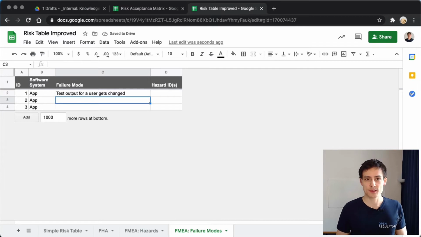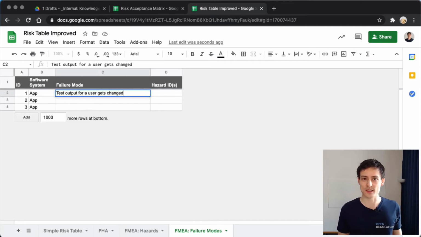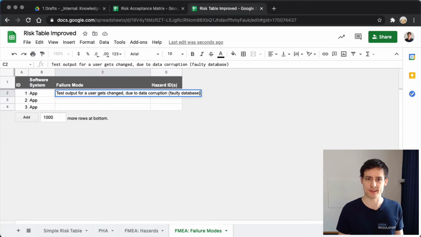So you have the failure mode, and you could maybe say it gets changed. And why does it get changed? I mean, you don't know right now, right? We don't know how our software is going to fail in the next 5 years, but we could come up with ideas, for example, due to data corruption, faulty database or so.